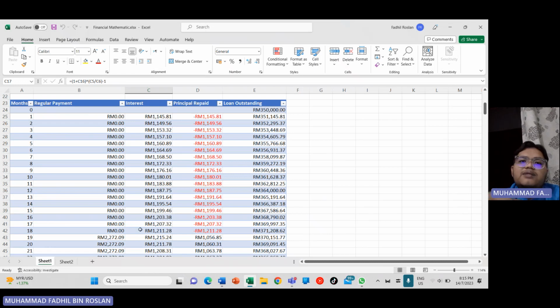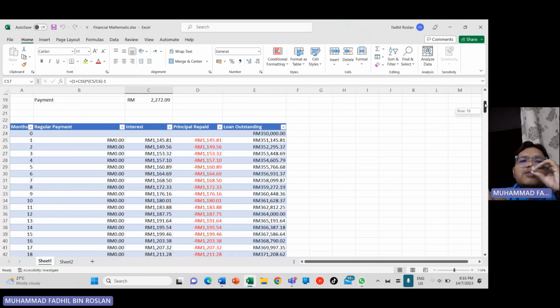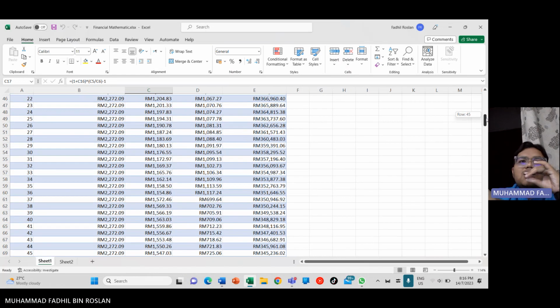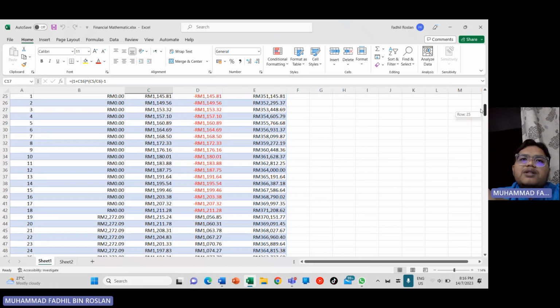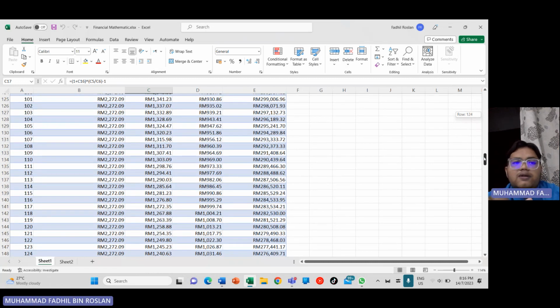For the first 18 months, we got 371,208.62, and you can see the loan outstanding is increasing from the original 350,000. Starting from month 19, Alia pays 2,272.09, and the interest is bigger than the principal repaid until month 145.